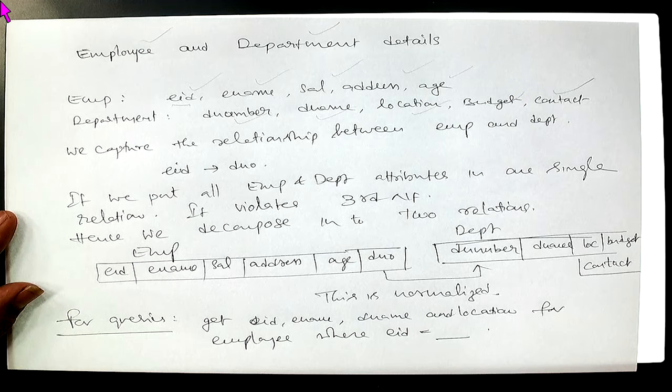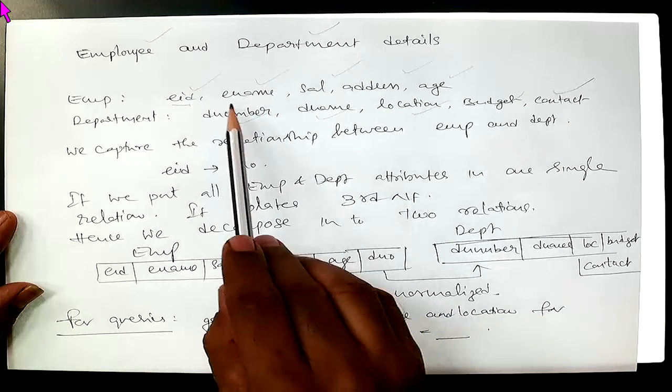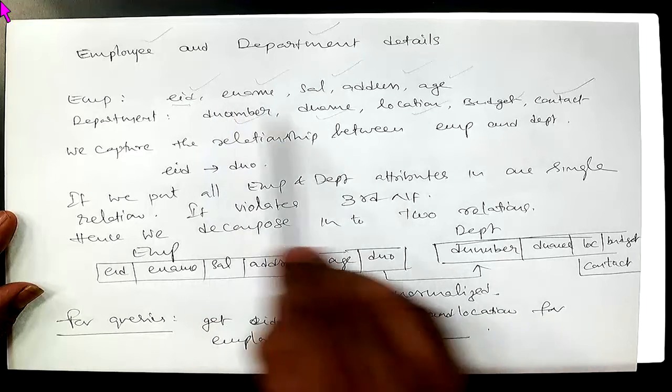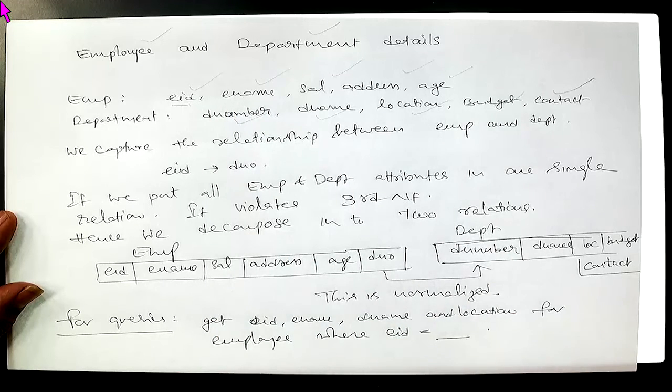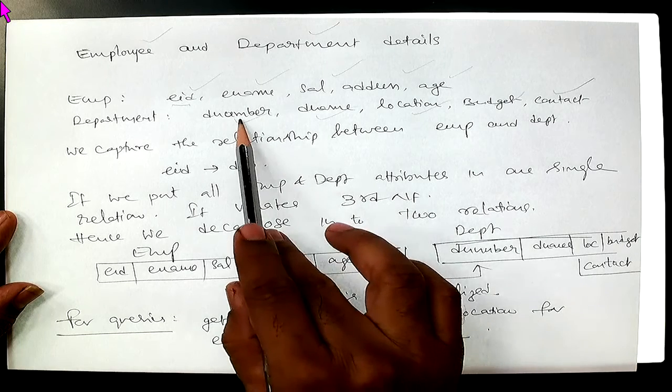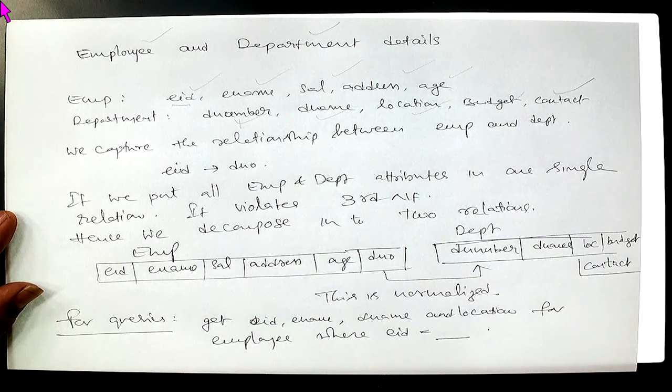Employee ID is the key of the relation and can determine all attributes like D name, D location, D number, E name, everything. But in that single relation, D number, which is not a key, can determine D name, D location, budget and contact for the department. Hence, a non-key attribute determines other non-key attributes, so a transitive dependency exists there. Hence, it violates the third normal form condition.